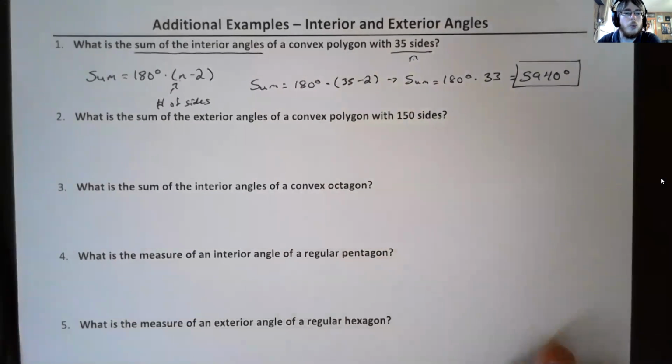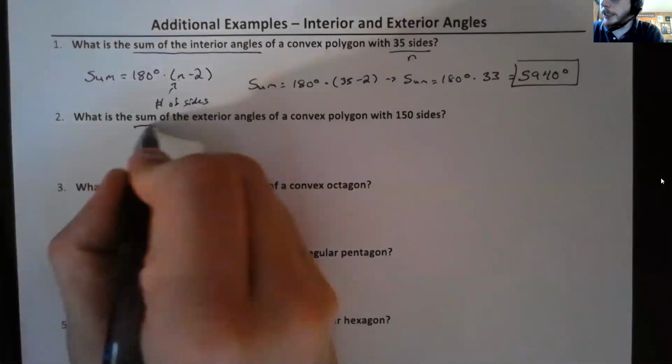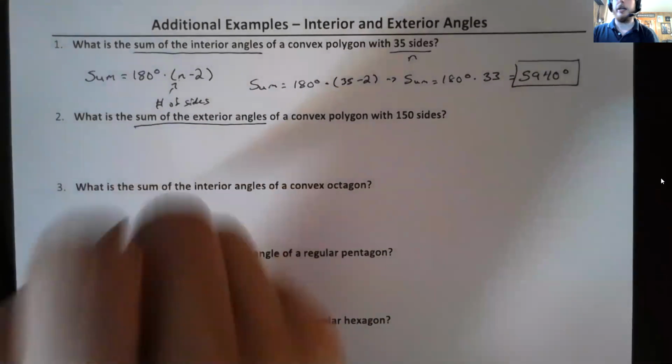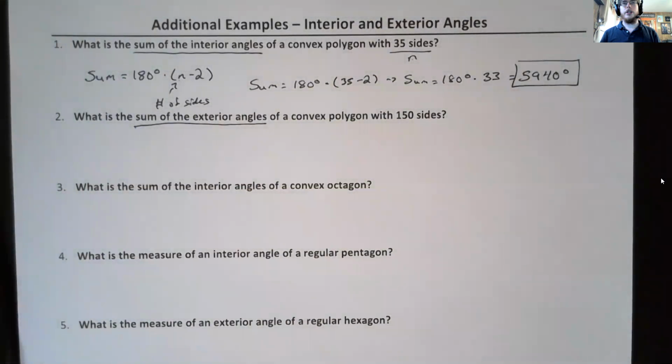Number two, what is the sum of the exterior angles of a convex polygon with 150 sides? This time it wants us to determine the sum of the exterior angles. We know that the sum of the exterior angles is always the same regardless of how many sides.